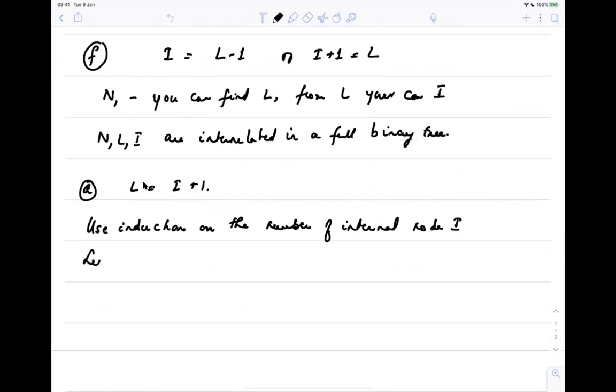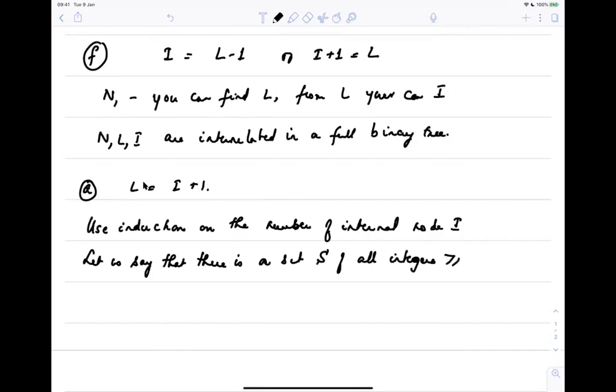So let us say that there is a set S of all integers I greater than or equal to 0, such that T is a full binary tree with I internal nodes.